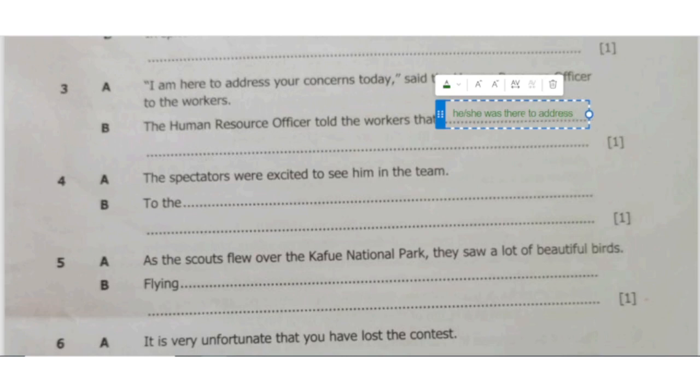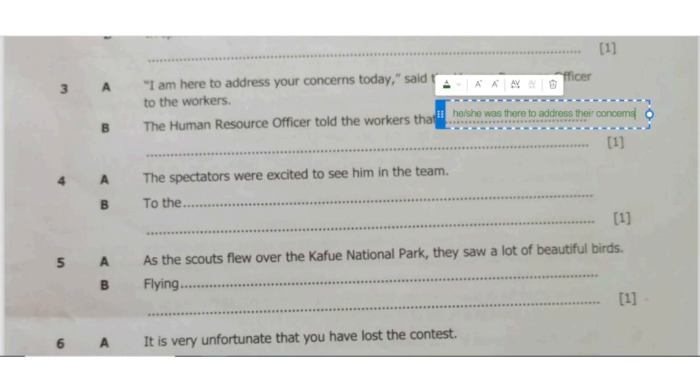Now I'm not part of those people she's going to address, so I'm going to say their concerns. Okay, she was there to address their concerns. So the human resource told the workers that he or she was there to address their concerns.